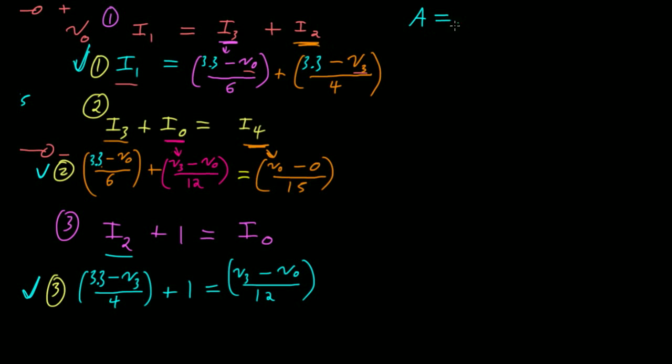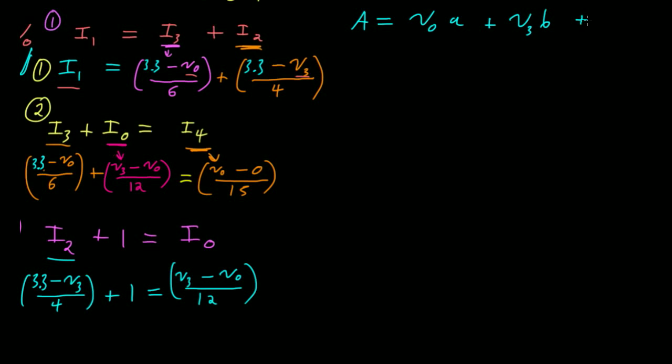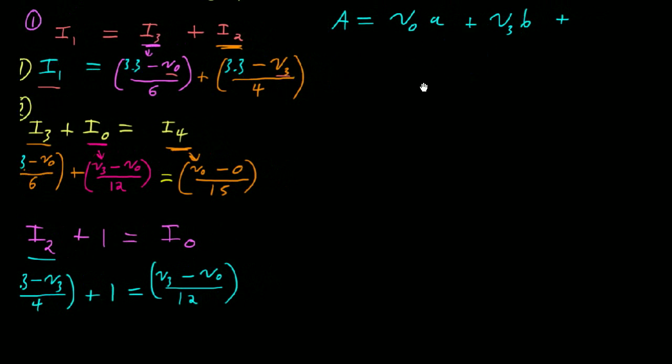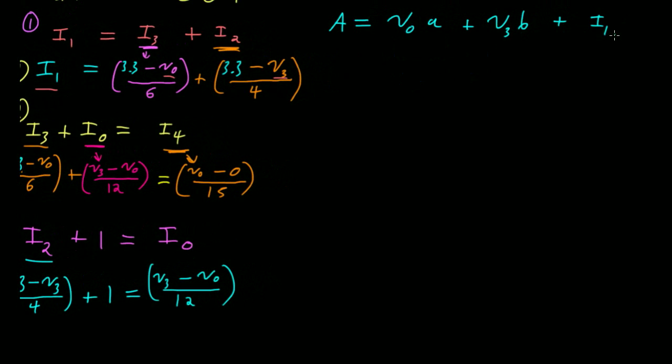equals my voltage V0 times some constant, lowercase a, plus my voltage V3, my unknown V3, times some constant, lowercase b, plus my last variable that I don't know, I1, times some constant, lowercase c.